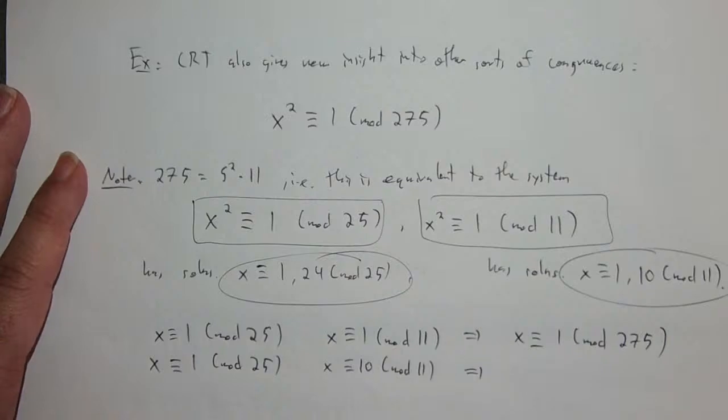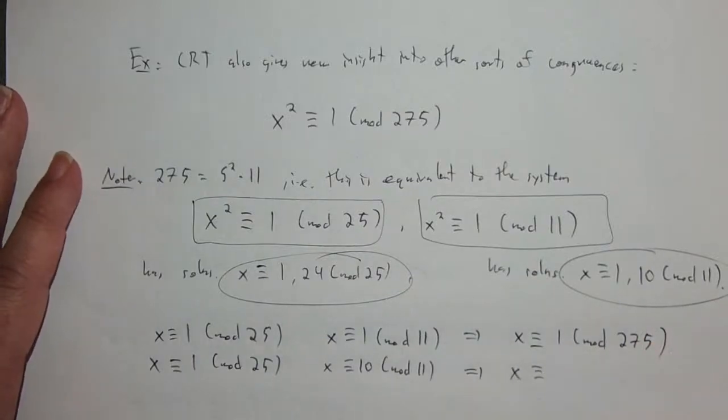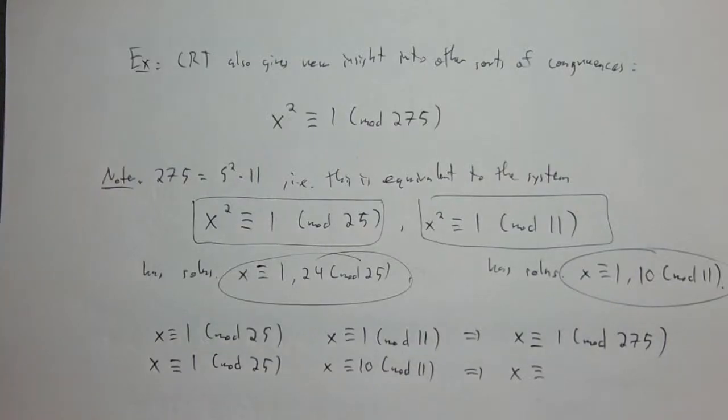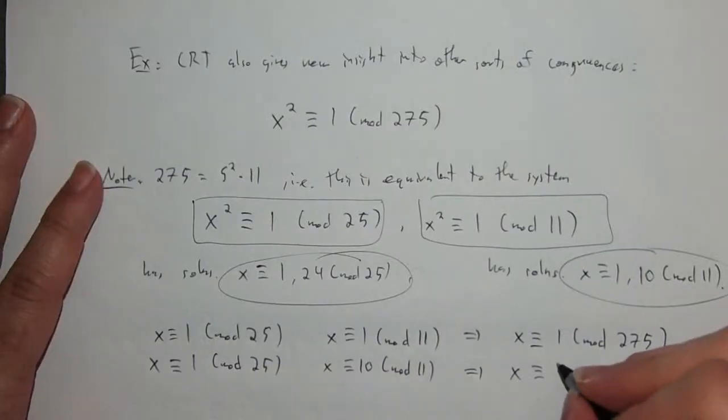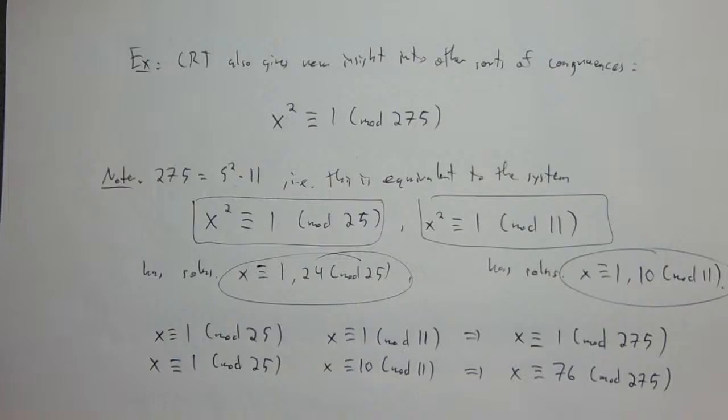That combines to give me x congruent to 76 mod 275. So that's how that combines.